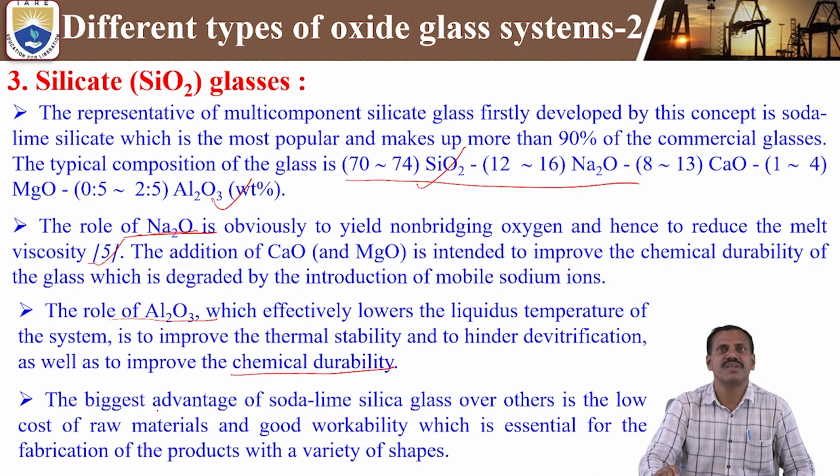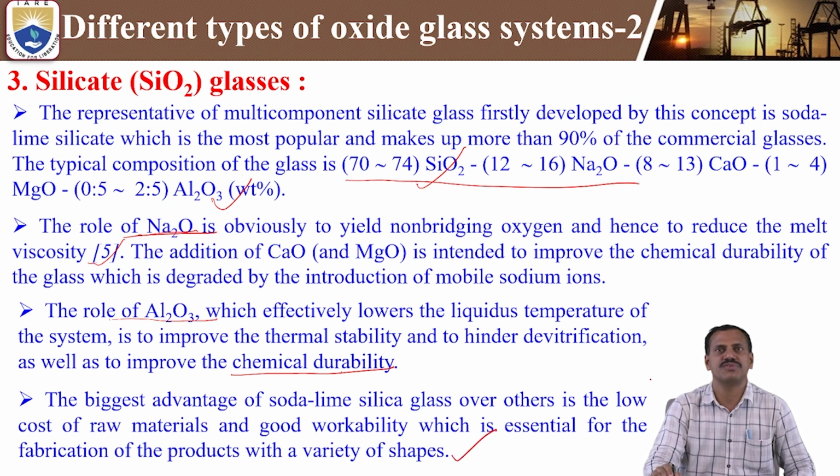The biggest advantage of soda lime silicate glasses over others is the low cost of raw material and good workability, which is essential for the fabrication of products with a variety of shapes.